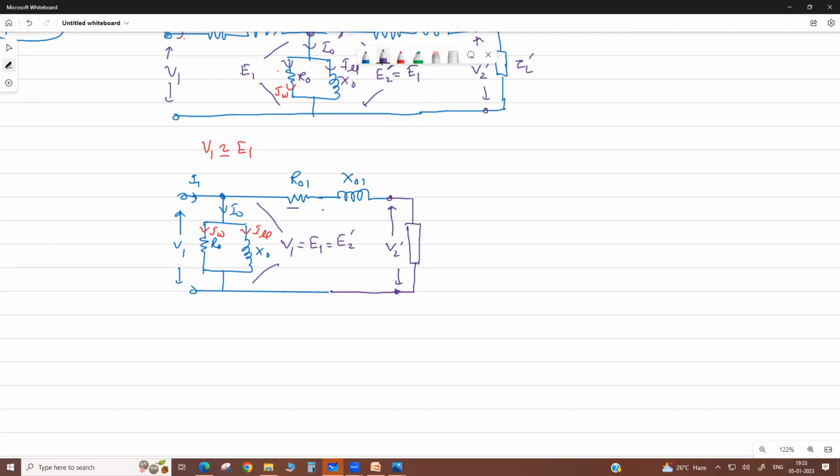Now there is a drop in the impedance, because here the current is I2 dash. But here we neglect this and take the total load current I1. After this drop, it is V2 dash.